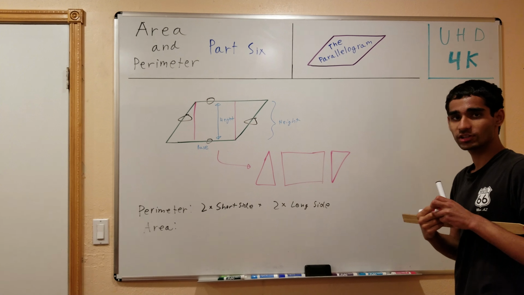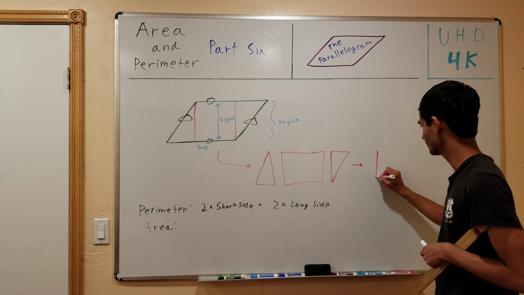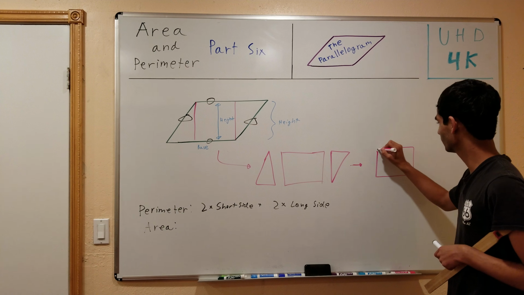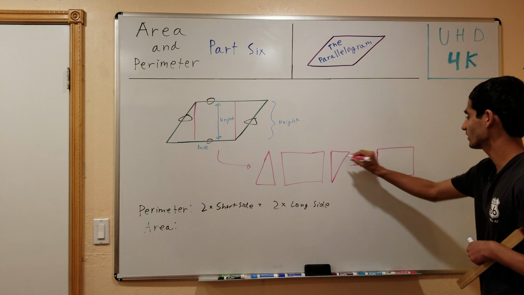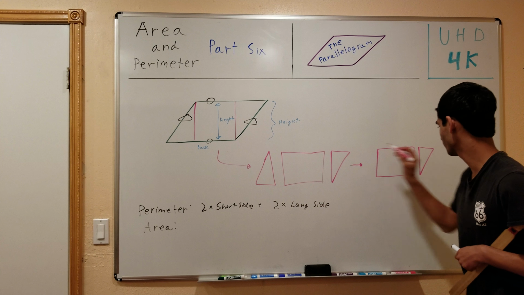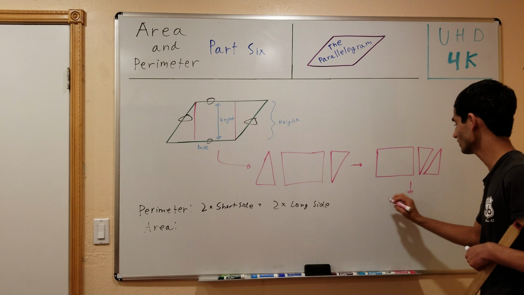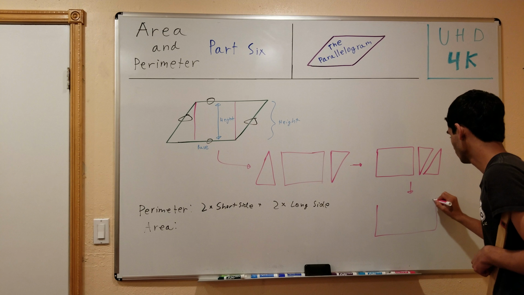So now if you reorder these shapes, you end up getting a rectangle. So it's like this middle rectangle, then this triangle over here, and finally this triangle over here goes like this. And you put all these together, you finally get a full rectangle like this.